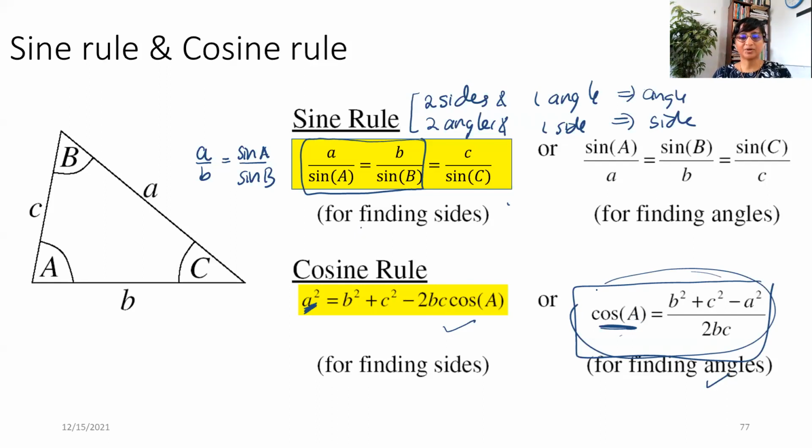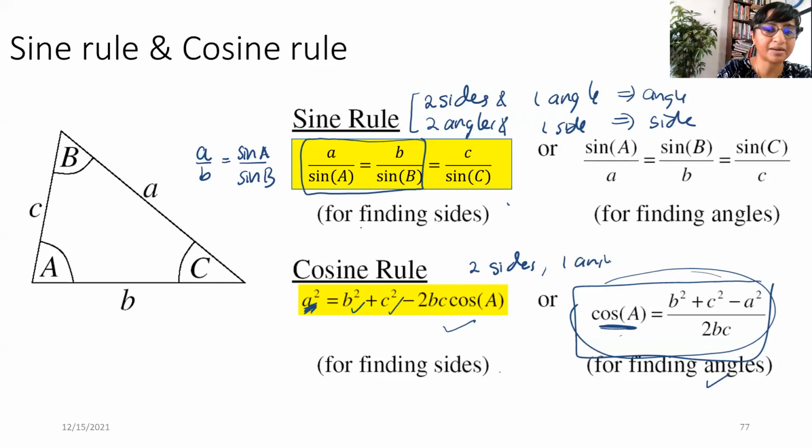So when do you apply the cosine rule? If you want to find a side, what do you need to know? You need to know two sides and one angle, but the combination is different.